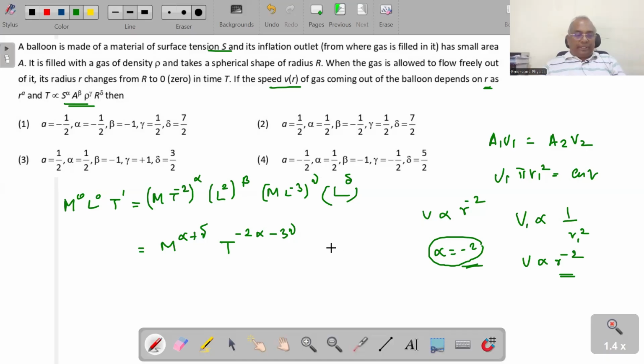L to the power of 2 beta minus 3 gamma plus delta. Okay, now we can compare: 0, 0, T to the power of 1, and M to the power of alpha plus gamma equal to 0, first case.